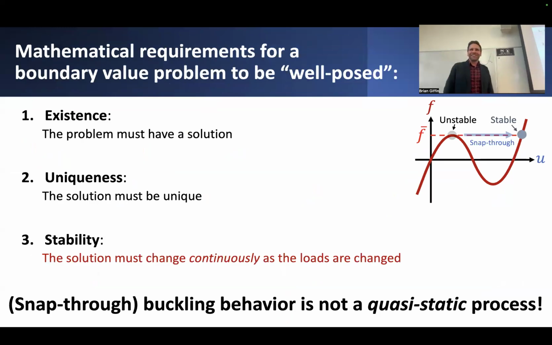Is that even allowed? Well, this is probably one of the most frustrating things that I see. So many people try to solve these types of bifurcation problems involving snap-through buckling and other types of instabilities and buckling analyses.